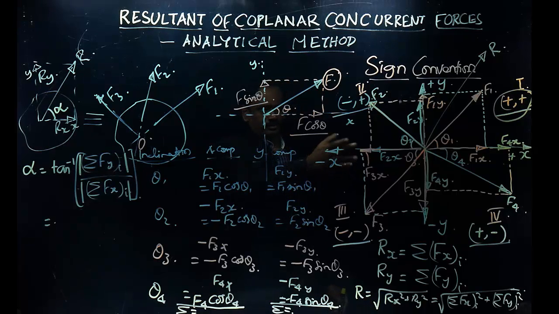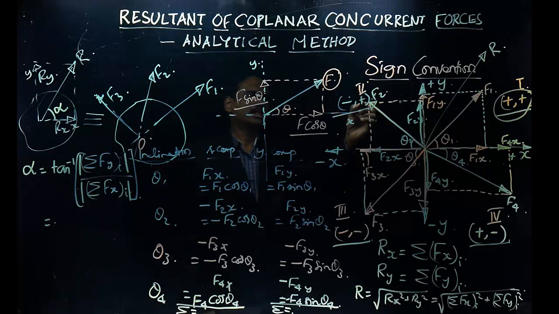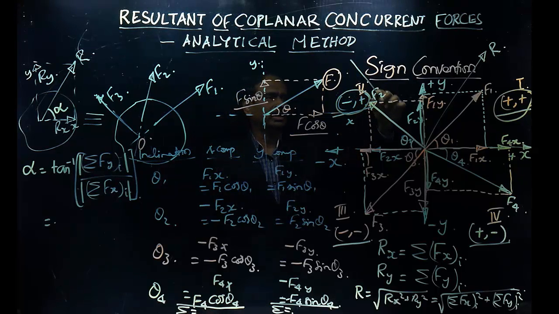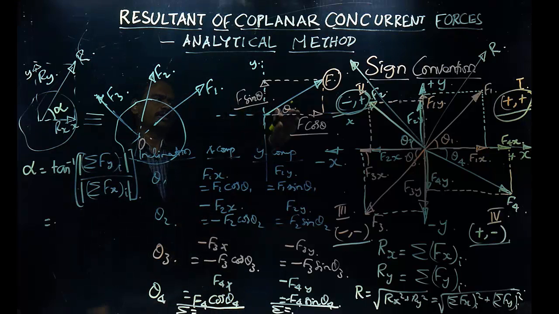In case the summation of all these x components is going to be negative, whereas the summation of y components is going to be positive, then in that case, due to this condition, the resultant will lie in this quadrant. Once you calculate only, you can specify in which quadrant it is going to lie.